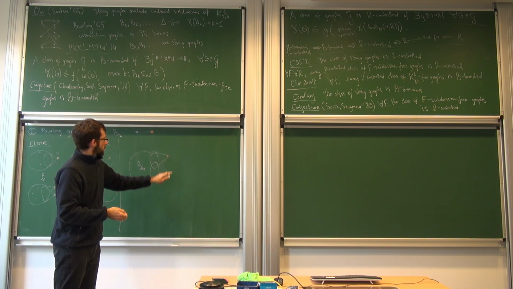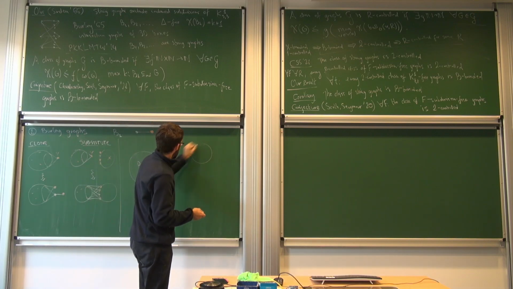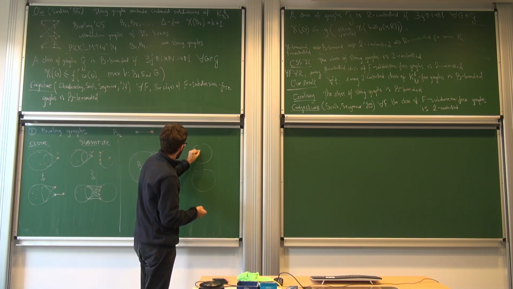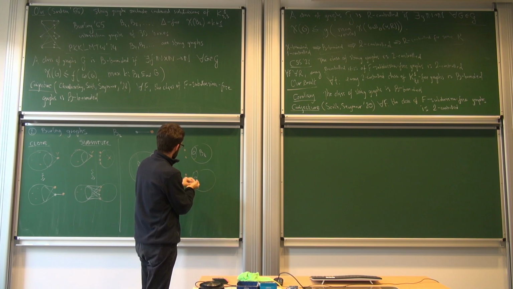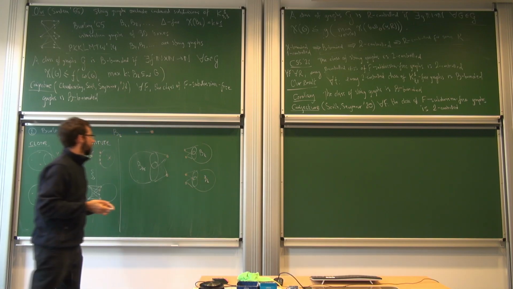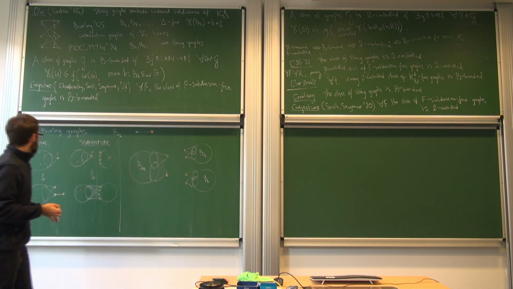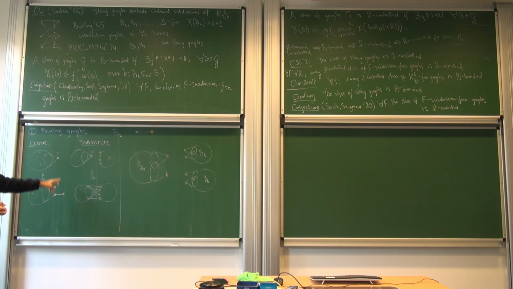And also for each of these marked vertices, we take another copy of BK, which again has these marked vertices here. So first, in each of these copies, I'm going to clone each of the marked vertices.